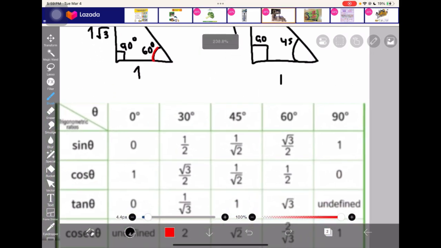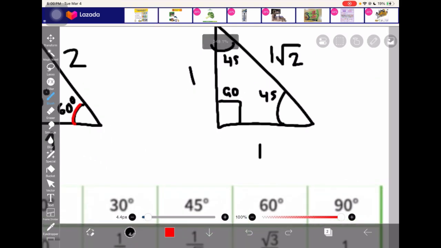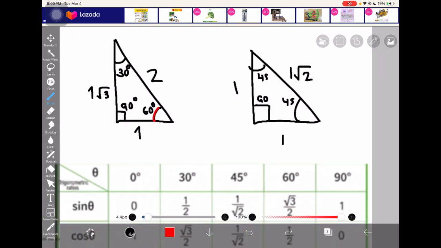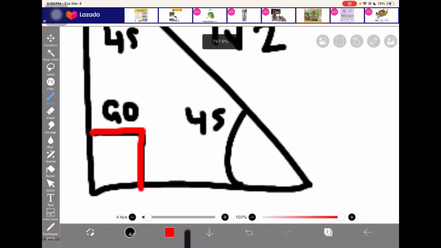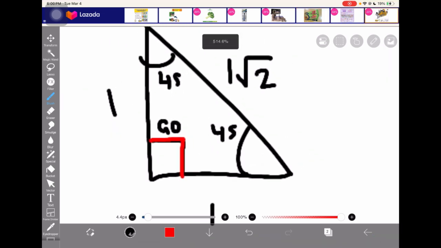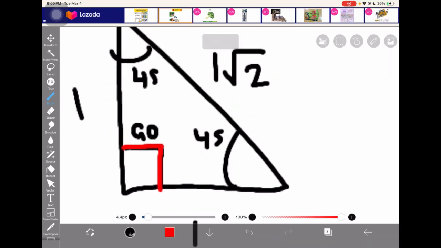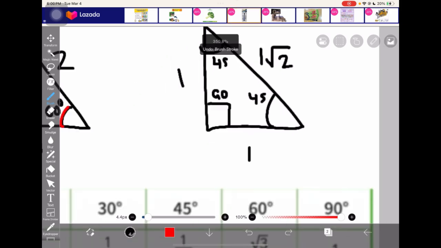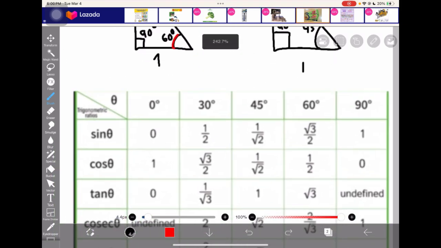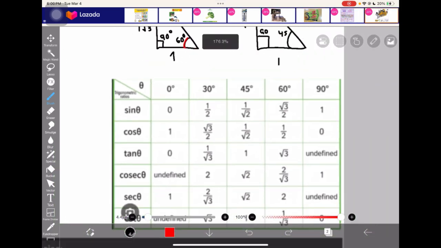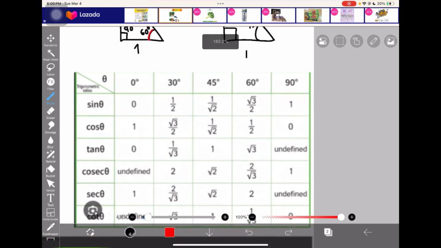For 0 and 90, let's try 90. So we have a 90-degree angle over here. So opposite, that's 1 square root of 2. Oh, wait, this is tricky. Sorry. But anyway, all you gotta do is just remember that these are the values. You really just need the middle part here.